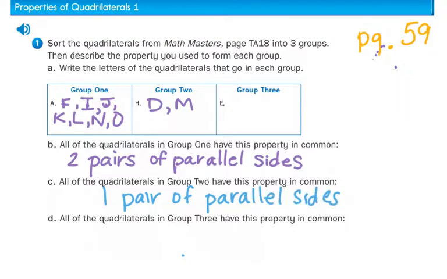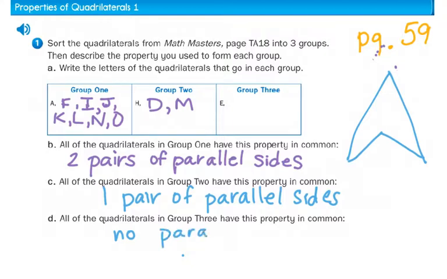And lastly, in group 3, E is the one that they are telling us is part of this group. If I were to draw shape E, remember it looks something like this. That one has no parallel sides. All of the sides eventually will touch. So E has no parallel sides.